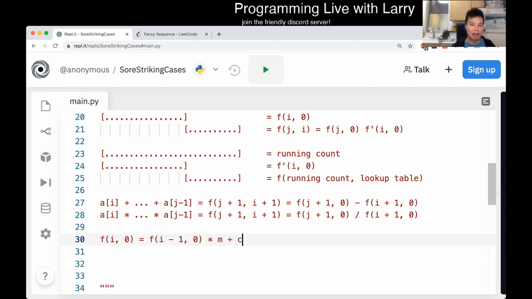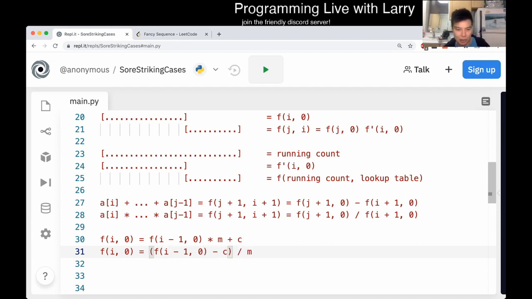But because we care only about the prefix, we actually want to store the inverse version, which is, we do i minus 1, 0, and then we minus c divided by m, right?